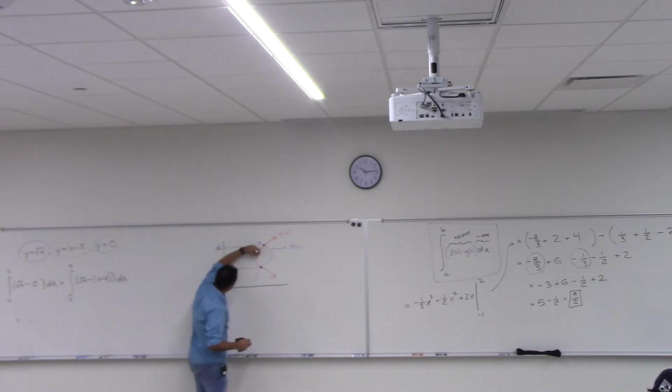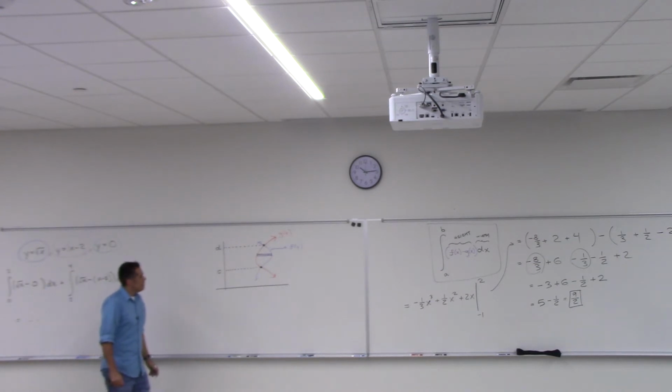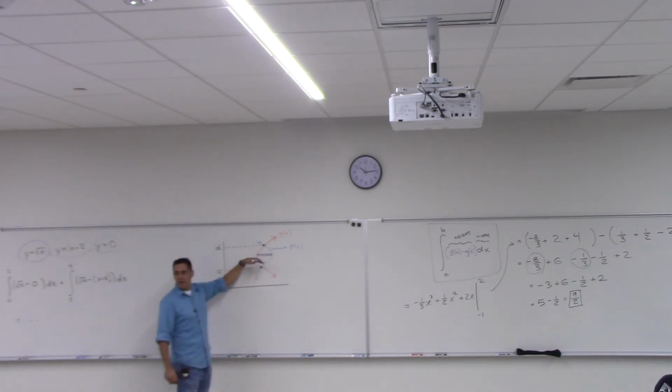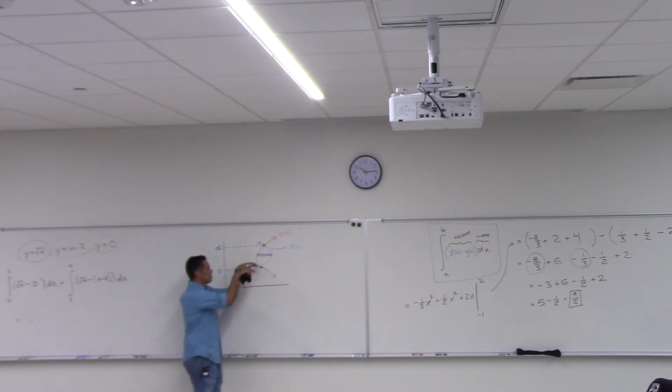So my rectangles will go like this. And so the total area of this is what happens when I add up all those rectangles. And I want these rectangles to start down here and move up like this, right?